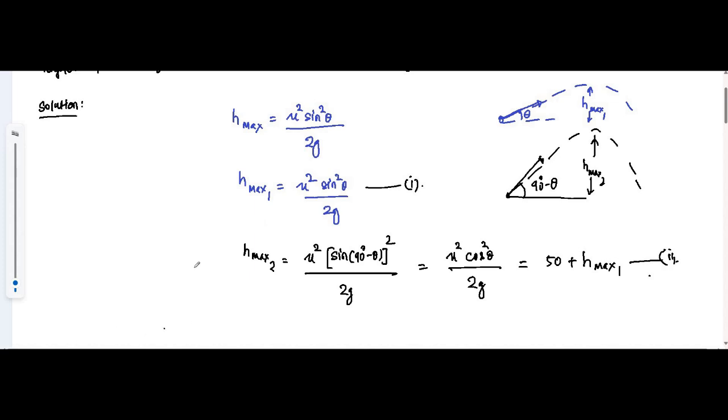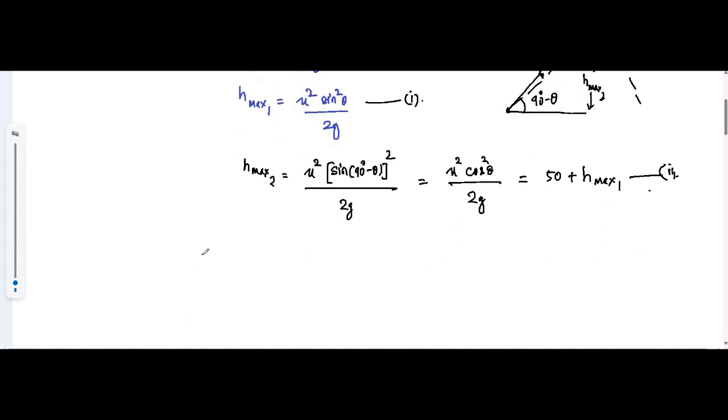Now if we add 1 and 2, that is H max 1 plus H max 2, that is equal to u square sine square theta by 2g plus u square cos square theta by 2g.